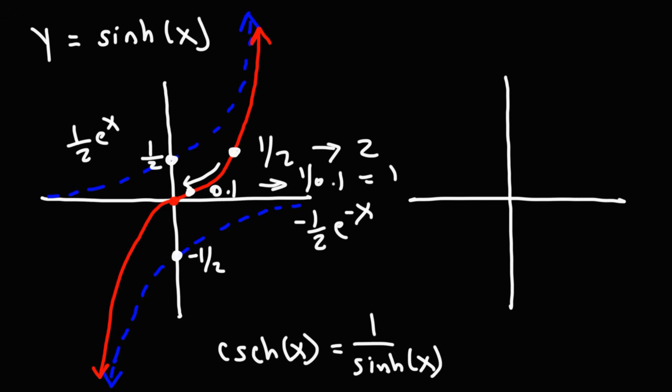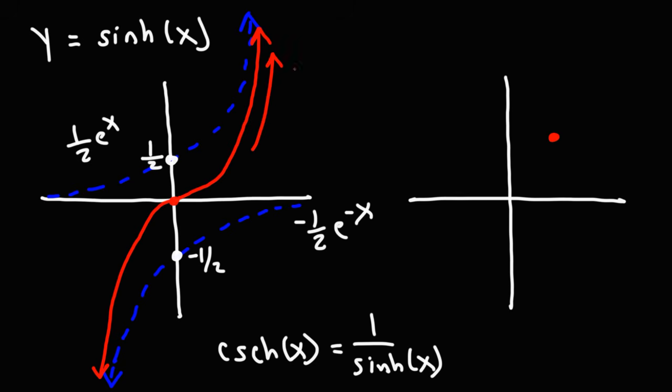It's going to become larger and larger. So at 1/2, it will be at 2. And as we move to the right where y increases, for hyperbolic cosecant, y is going to decrease. It's going to get closer and closer to 0. And as we approach 0, hyperbolic cosecant is going to go towards infinity.